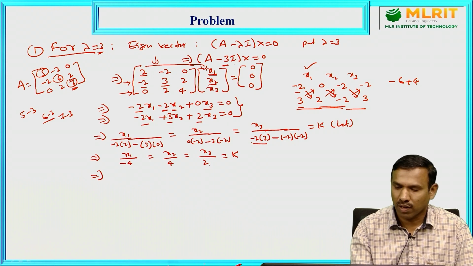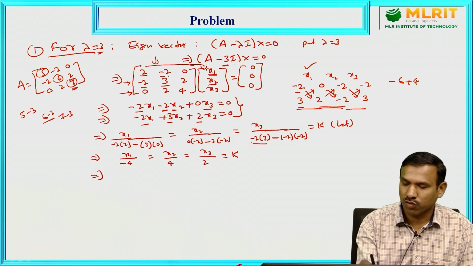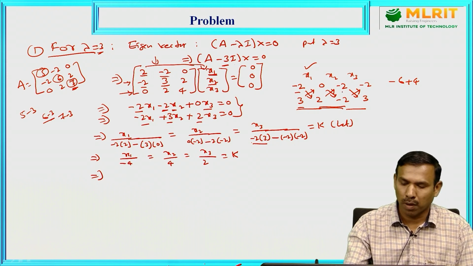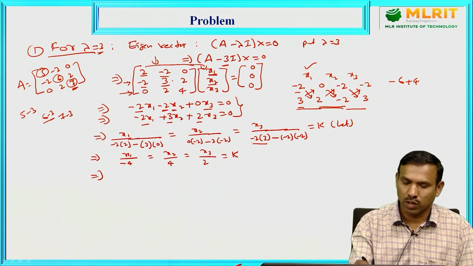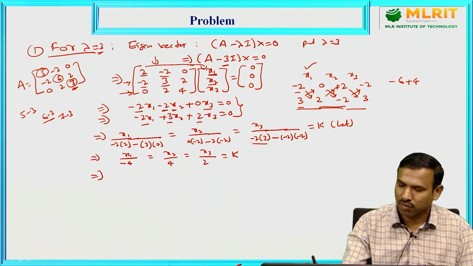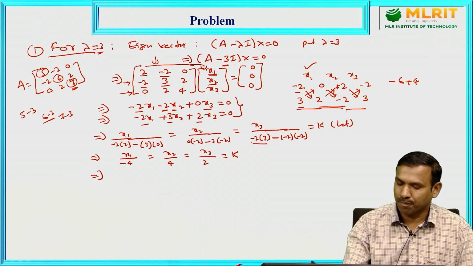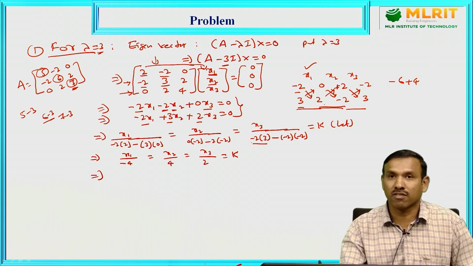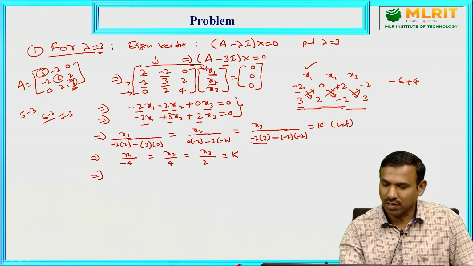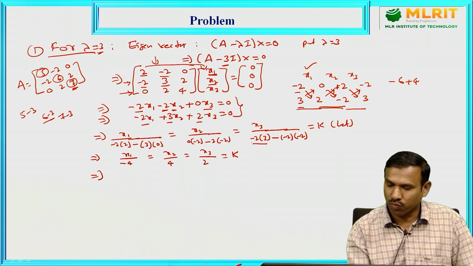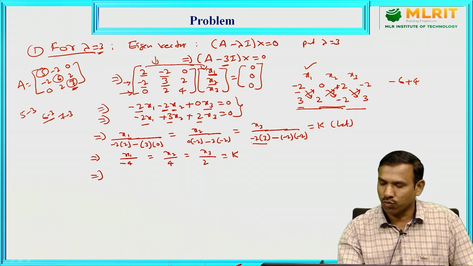Let us check once here: minus 2, 0, minus 2, 0, this is a plus 2, a small mistake here. Let us recheck these values. Minus 2 into 2 is minus 4, 3 into 0 is 0, 0 into minus 2 is 0, minus 2 into this is a plus 2, 4.